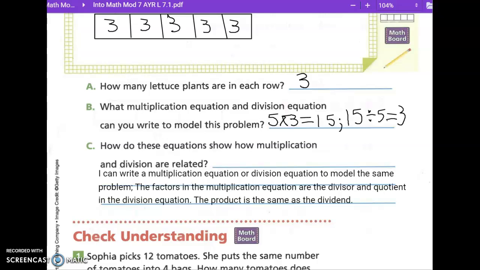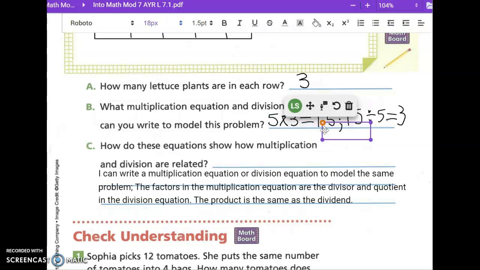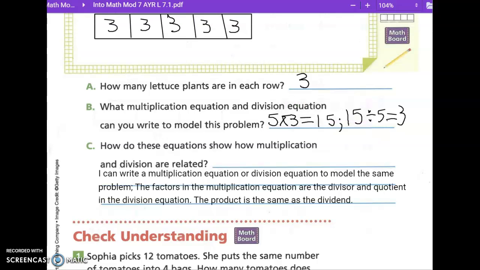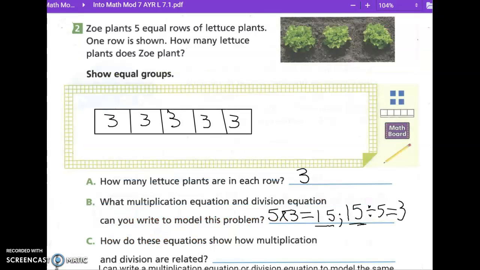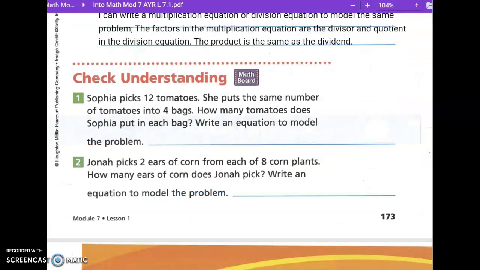So the product is the answer to a multiplication problem, and the dividend is what you're dividing. So those are the same. And we have talked about how, if you're looking at these related facts in the division, the answer to your multiplication problem, or your product, goes at the first of your division problem.